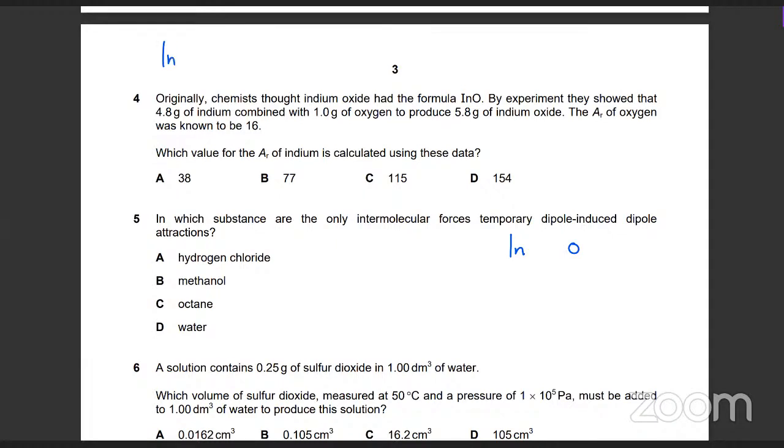It's just indium reacting with 1 gram of oxygen, right? So there's 4.8 grams of indium, and there's 1 gram of oxygen that's reacting with it, and it's forming 5.8 grams of indium oxide. Okay, that's what's given. So they gave us the formula. So what's next? How would you do this?